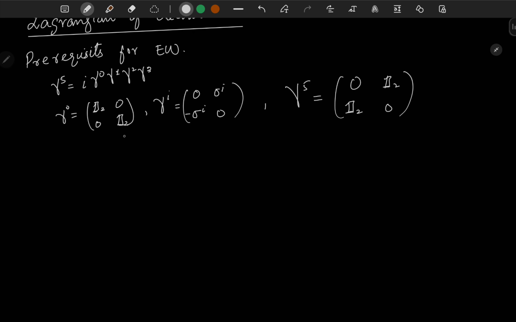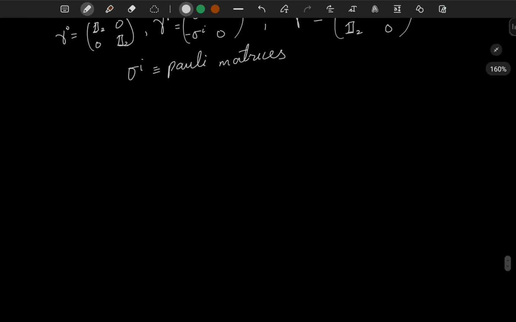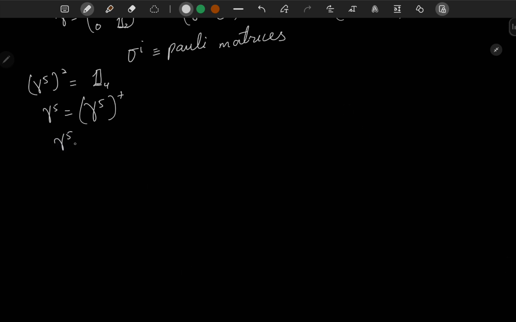Okay, where these are the Pauli matrices, and if we exploit the gamma 5 matrix, so if you square the gamma 5 matrix, we get a 4x4 unit matrix, and the gamma 5 matrix is Hermitian, so gamma 5 is equal to gamma 5 dagger, and the anti-commutator of gamma 5 with gamma mu or gamma i is 0.